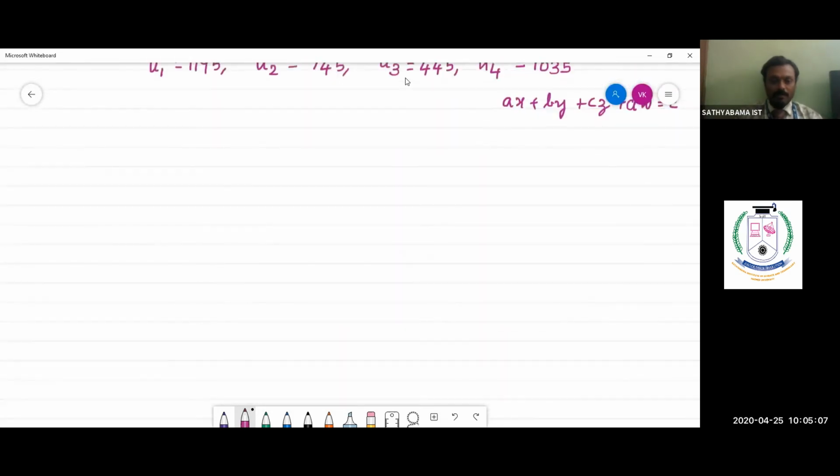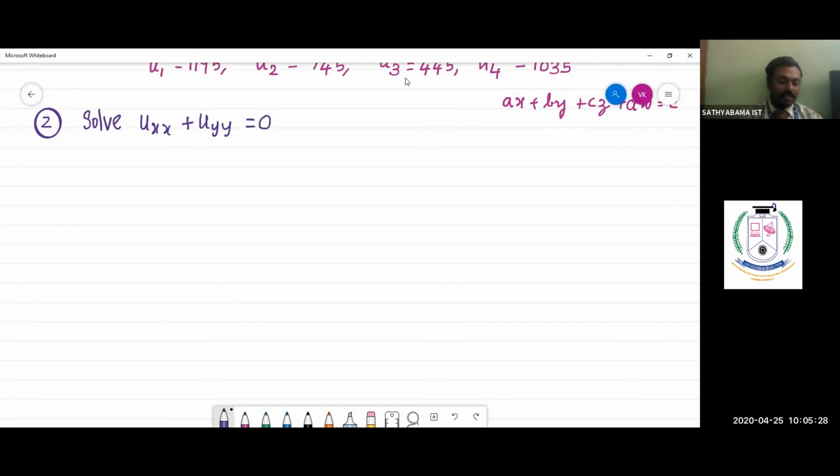The problem reads this way. Solve uxx plus uyy. But in this problem, we are not given the mesh.